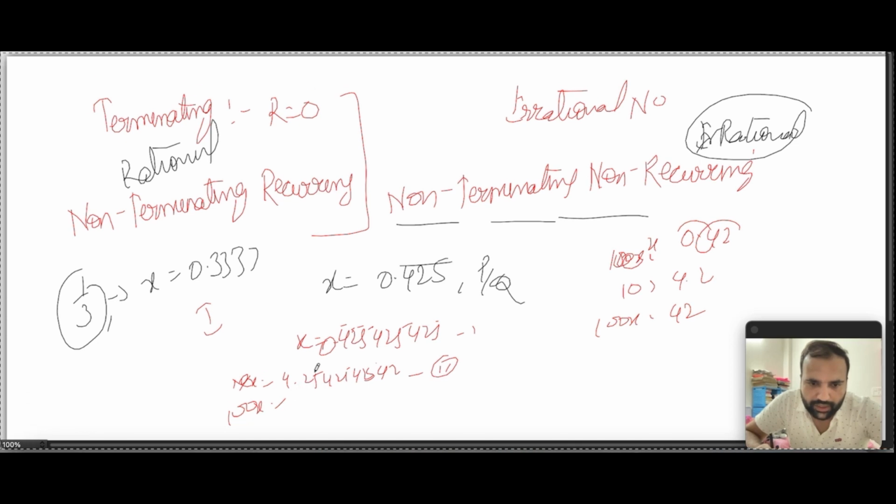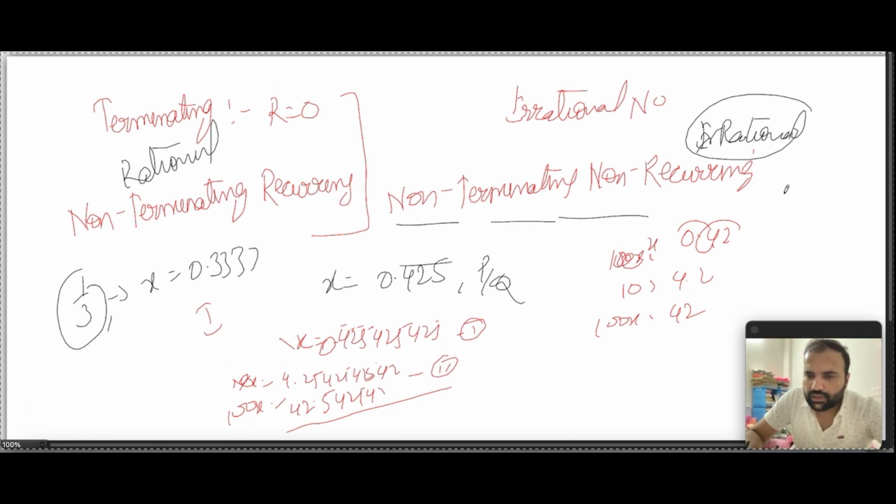If we multiply 100 on both sides of equation 1, it will be 42 and then we're left with 0.5, 425, 425. Again, we will not be able to do any simplification here.